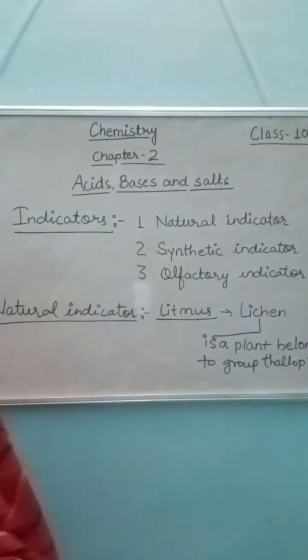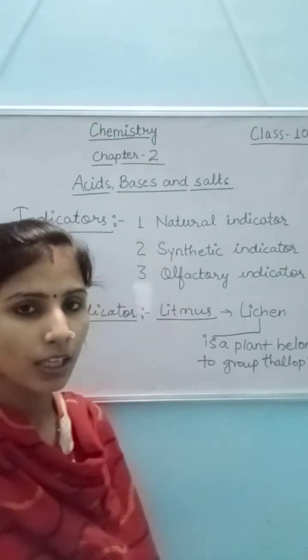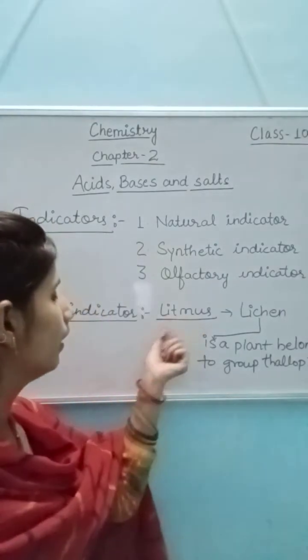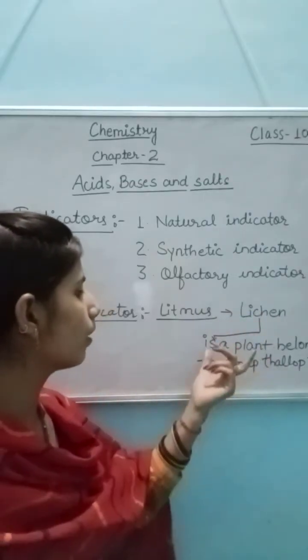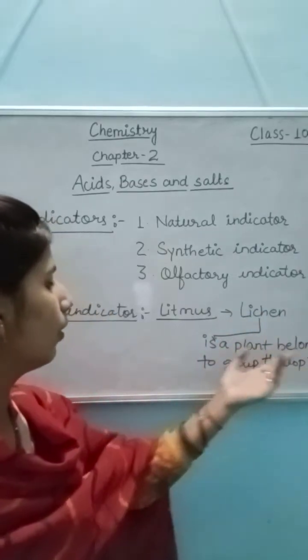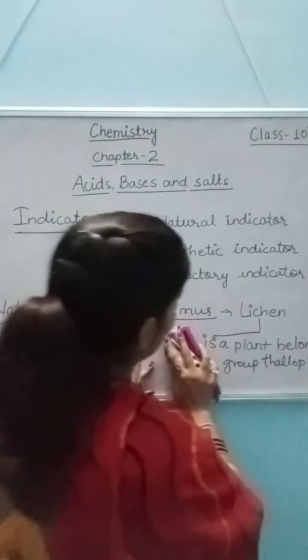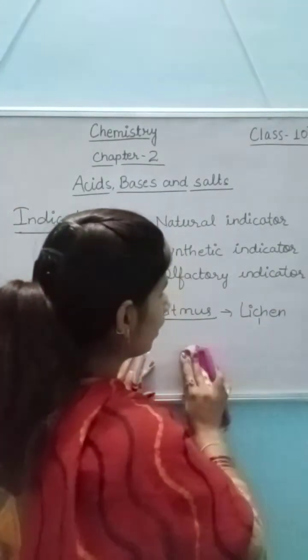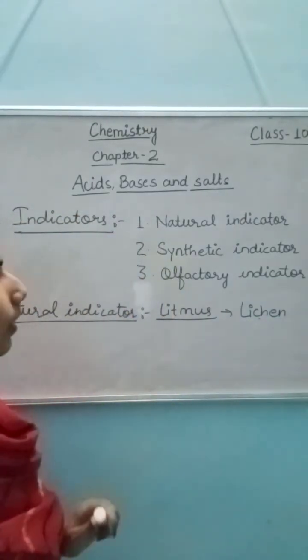So what are natural indicators? Natural indicators are present in our nature. Example, litmus. Litmus we extract from lichen, and lichen is a plant which belongs to the group Thallophyta.